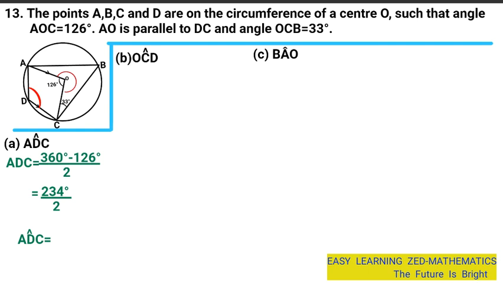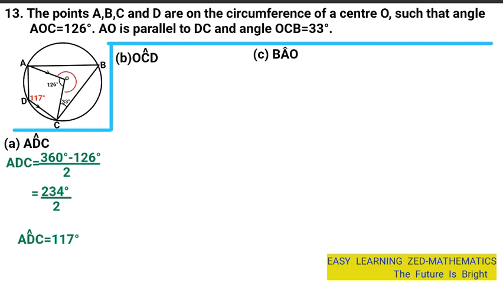So the final answer is that angle ADC is equal to 117 degrees. I'm going to replace that arc by the actual angle, 117 degrees. Every angle I find, I'll be writing it there.